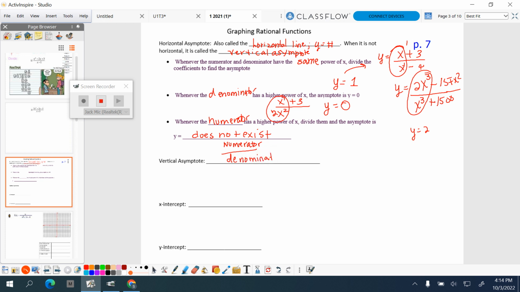My vertical asymptote comes about when I've simplified the function, and I set the denominator equal to 0 and solve for x.